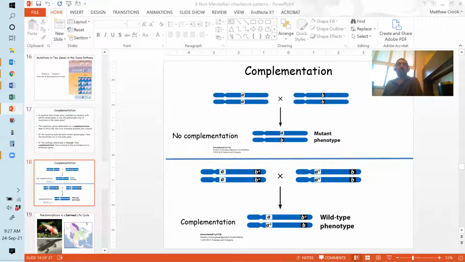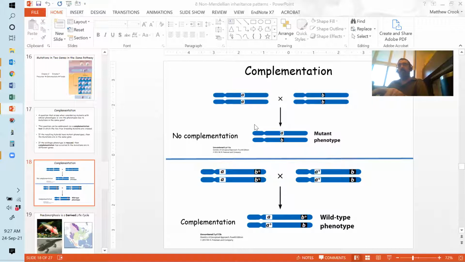The alleles in the top half are A and B, so just different mutations in the same gene, resulting in a non-functioning gene. So if both of them are non-functioning, it doesn't matter that it's a heterozygote, you're still not going to have anything working. And so now that's essentially telling you, okay, these alleles are in the same gene.